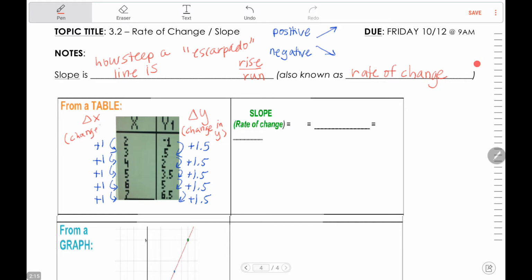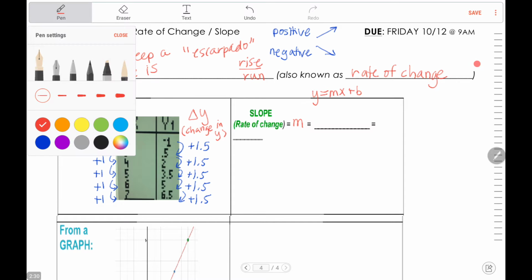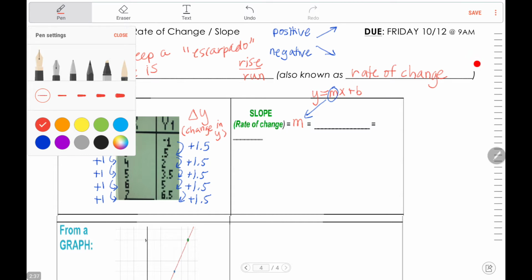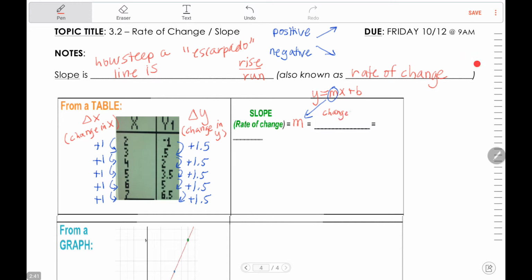Change in x. So when we write a slope, or a rate of change, another way we'll see it is m in the form y equals mx plus b. The m is our slope, it will tell us the slope value. Another way we'll see slope is the change in y over the change in x.